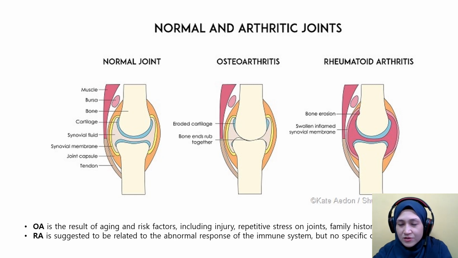And this inflammation occurs as a response of the immune system. So the patient has their own immune system attacking their own joints. So that's why it is one of the autoimmune disorders.